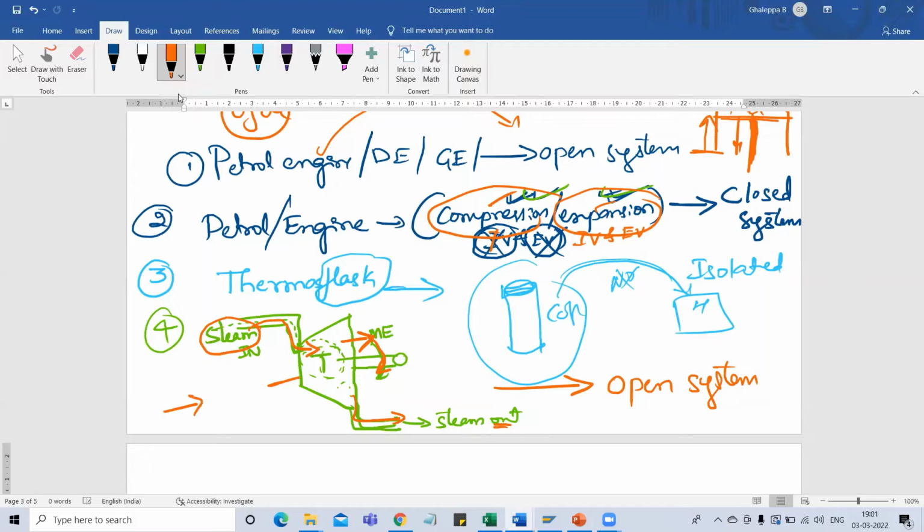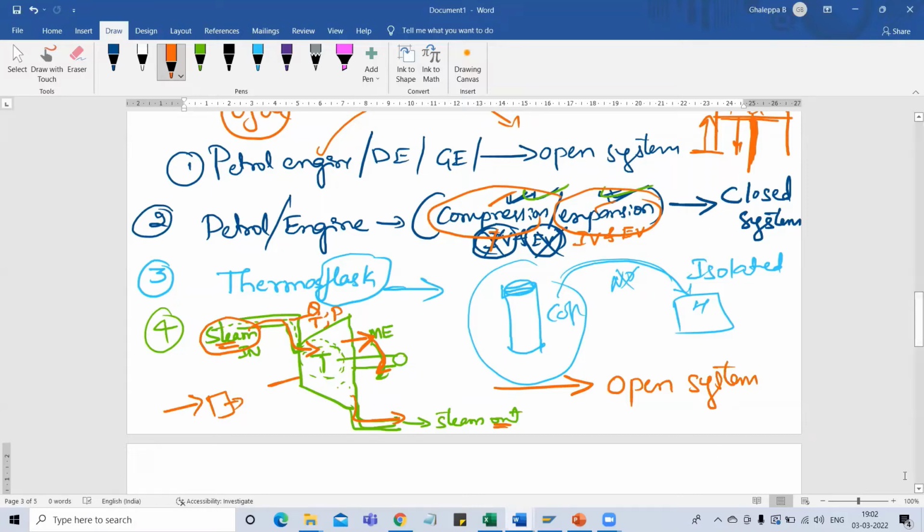Either energy is going in or energy is coming out. Understood? So you can ask a question, sir, where is the energy input here? Here heat energy is going in because I am using the word steam. Heat energy, Q will be there, some temperature will be there, some pressure will be there. Correct or not? So it is an open system.